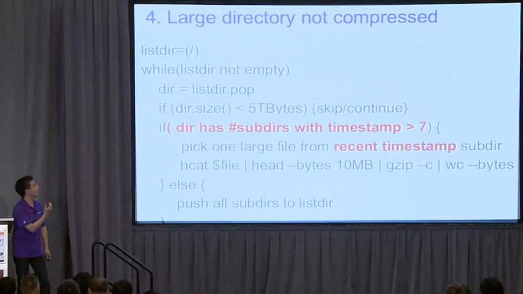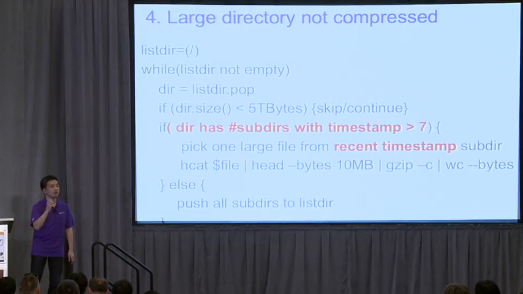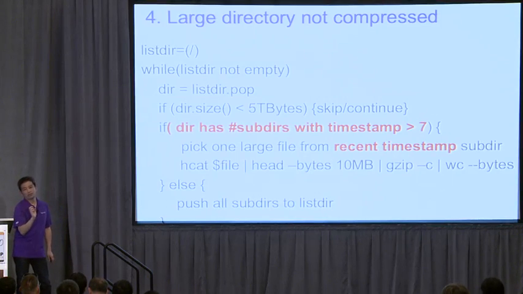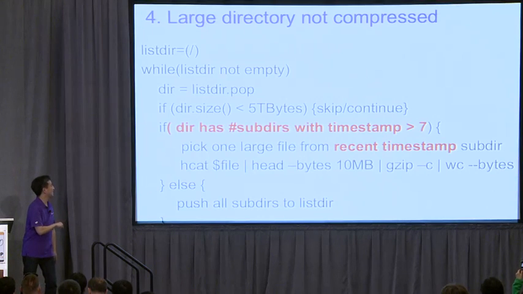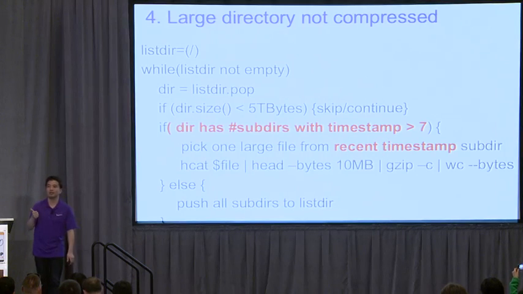Once I find that directory, I take the first 10 megabytes of that file and try to compress it. When I choose a file, I choose one that is large and recently uploaded. I'll explain why I do that.